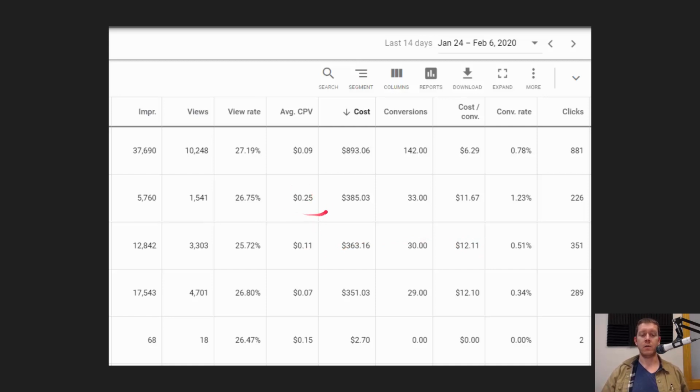Obviously, these views are higher quality, and these clicks are leading to more conversions. These views are lower quality. These views cost less, and the clicks coming from those views lead to fewer conversions. But because we're paying less per view here, and more per view up here, it still works out. We're paying about the same per conversion. We're going to let both of these campaigns run. Let's look at another example.